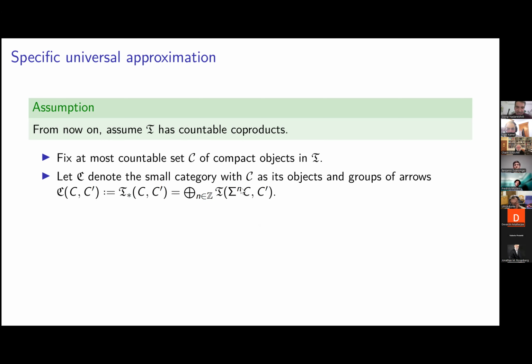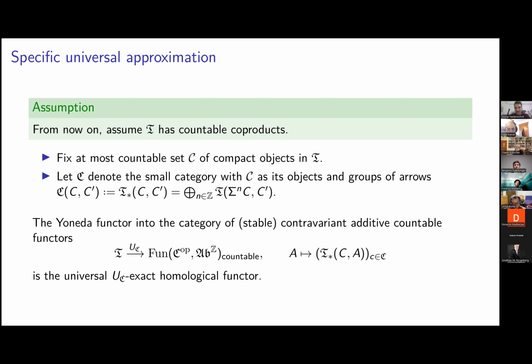Okay, you did this. And then, of course, you have this natural Yoneda functor. From your triangulated category, every object you can map to the category of additive functors, exactly as it's written here. Every object is mapped to a Yoneda functor: this object A maps to the Hom functor from C to A, where C runs over all of C, and this is a graded thing.